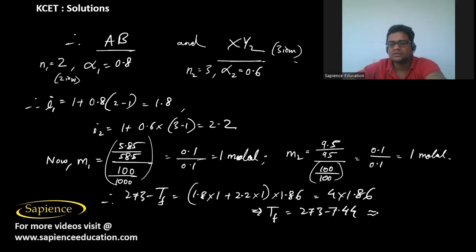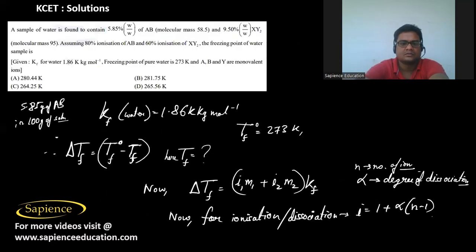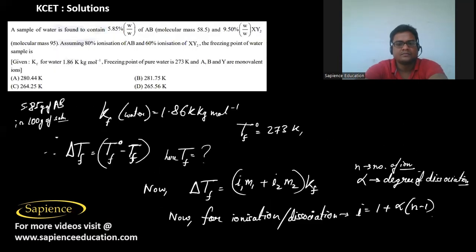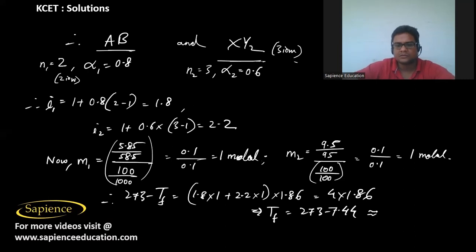So that will be approximately 273 minus 7.44. So that is 265.56 Kelvin.